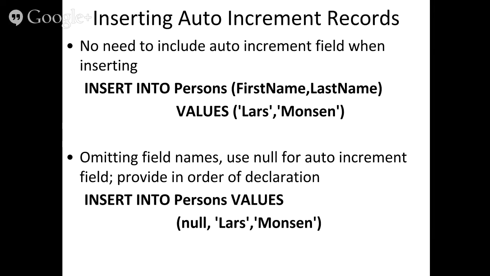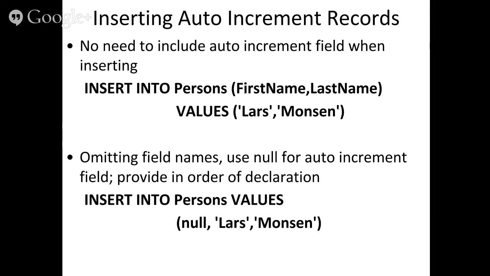Okay. In some other databases, you have to explicitly provide null. Okay, you have to explicitly provide null. It says, I am deliberately not giving you a value for the primary key. I want you to provide the value for the primary key.